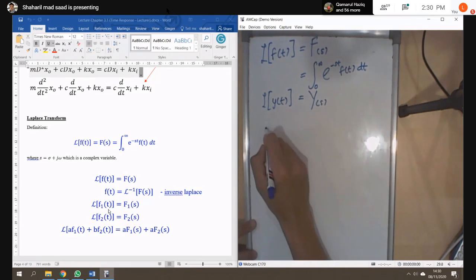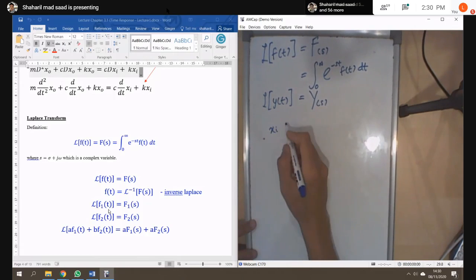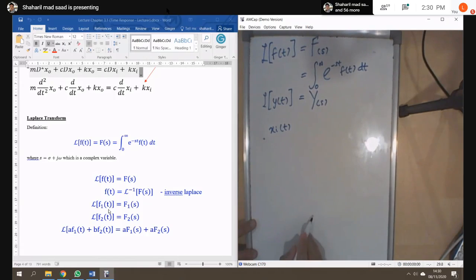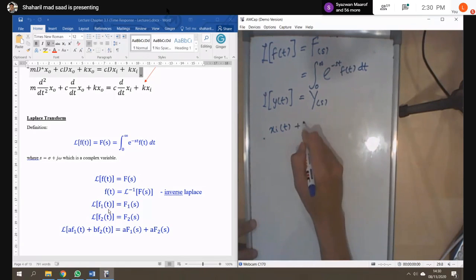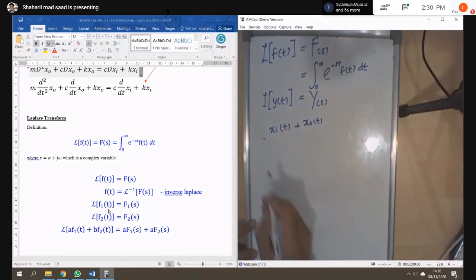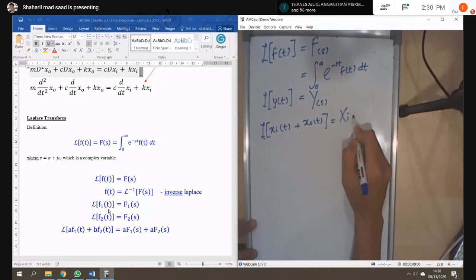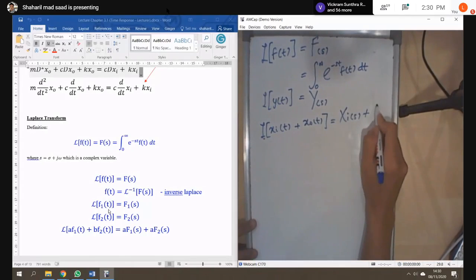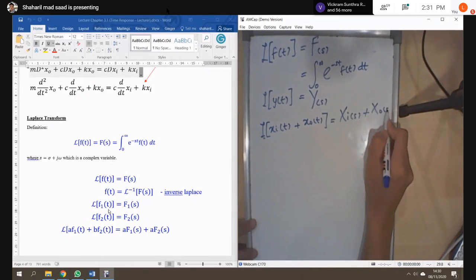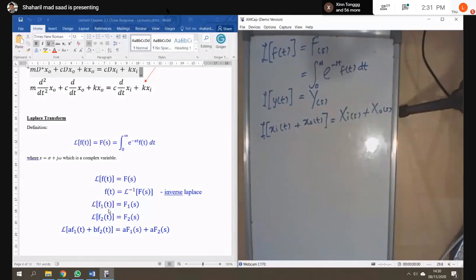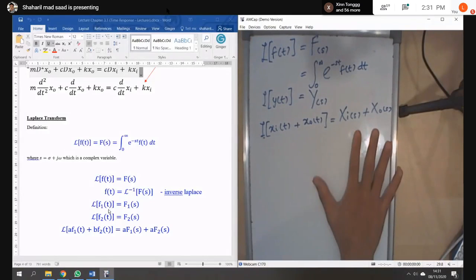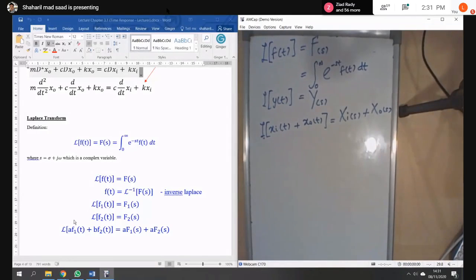And when you Laplace x_i(t) plus x_0(t), for example, here we get X_i(s) plus X_0(s). Something like that. This one I think is clear, right?